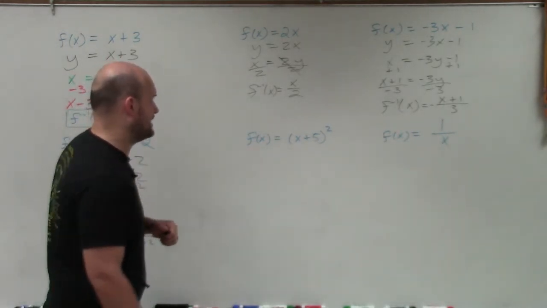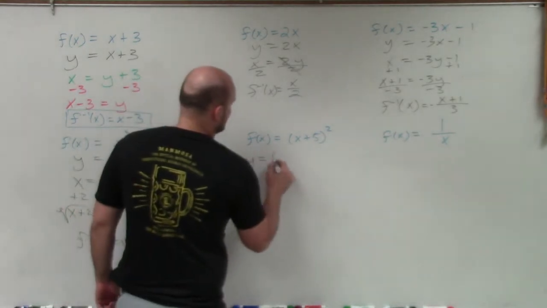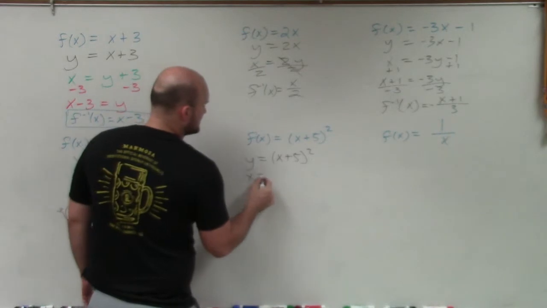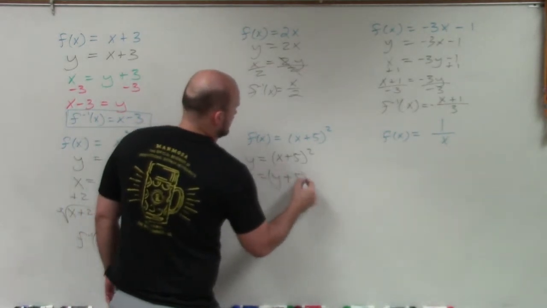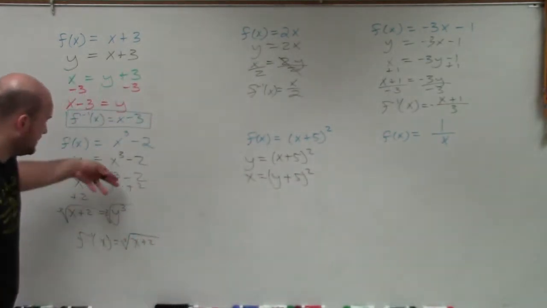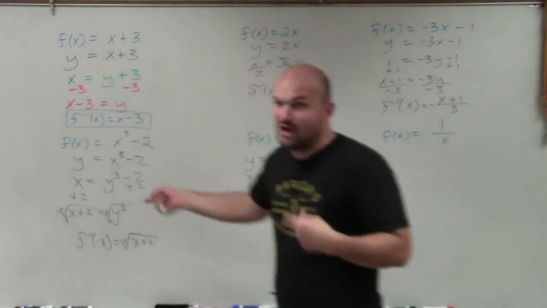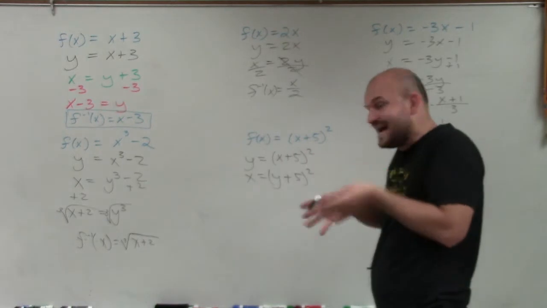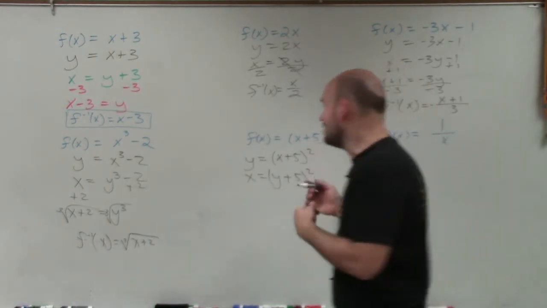OK, now let's get into the next one. Again, we'll rewrite y equals x plus 5 squared. Swap the x and the y's. Now see here, we undid addition and subtraction before. Well, now you can see that the addition is inside the squaring, so I have to undo squaring first.